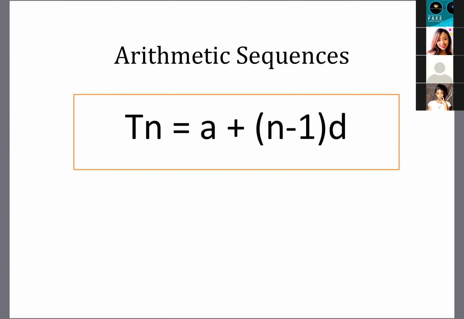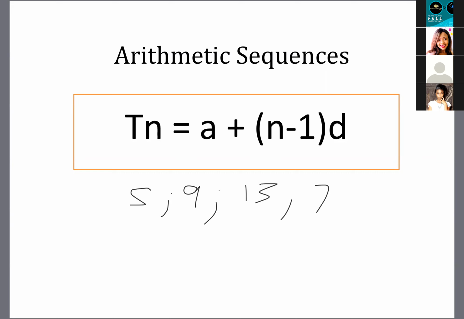So an arithmetic sequence is when you have a common first difference, right? So let's say we have a sequence that looks like this: 5, 9, 13, and 17.